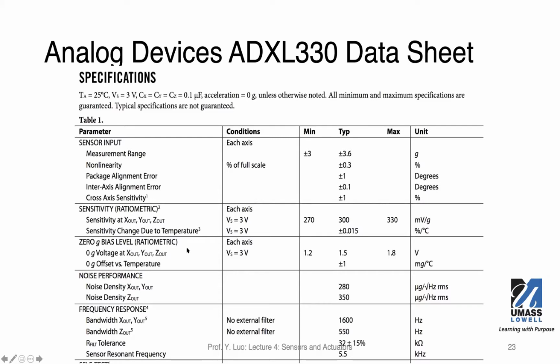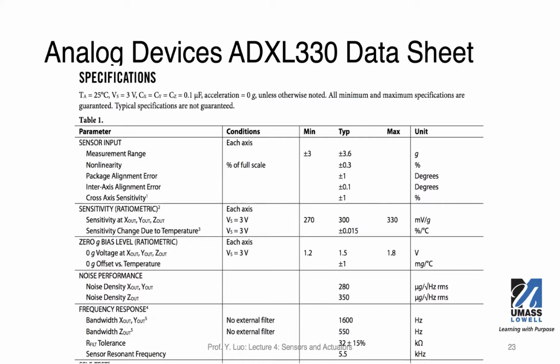Then the 0 g bias level. Also, you will have a voltage output from the sensor to indicate the readings. At 0 g, the typical voltage output is 1.5, the minimum is 1.2, and the maximum is 1.8. That's one thing you need to calibrate to get a sense of where 0 g is indicated.